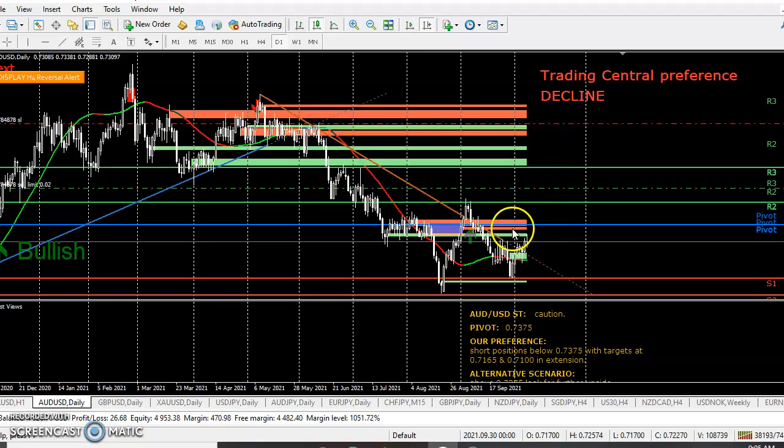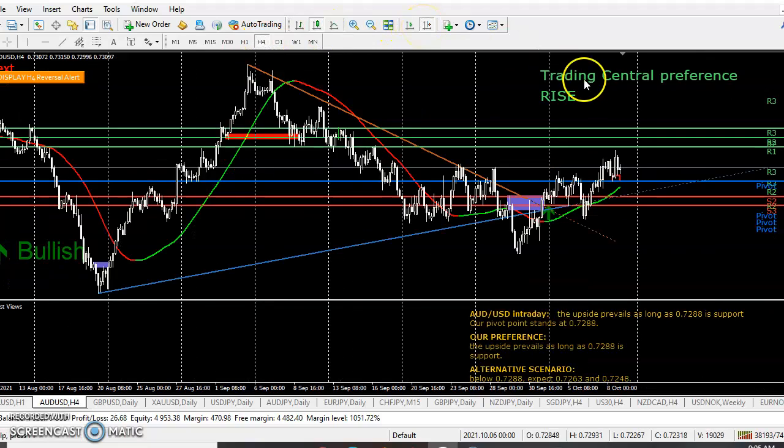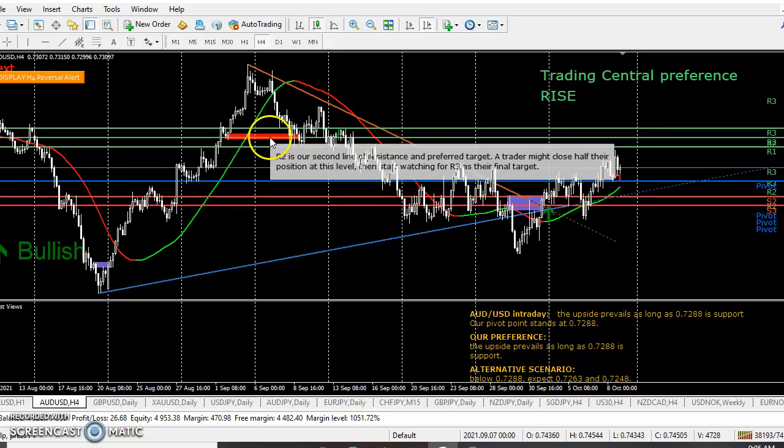So we're coming up to our pivot at 0.73, even as high as 0.75 to take a sell at the previous bearish zone, 0.735.